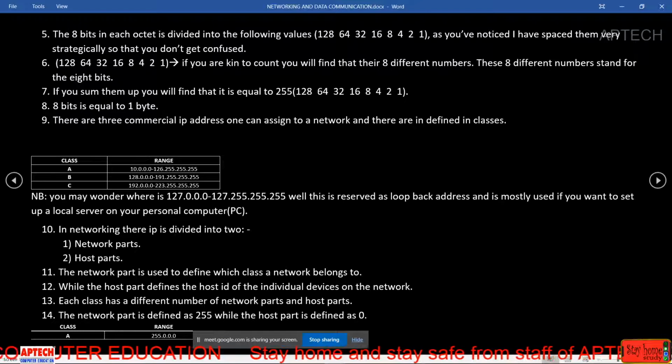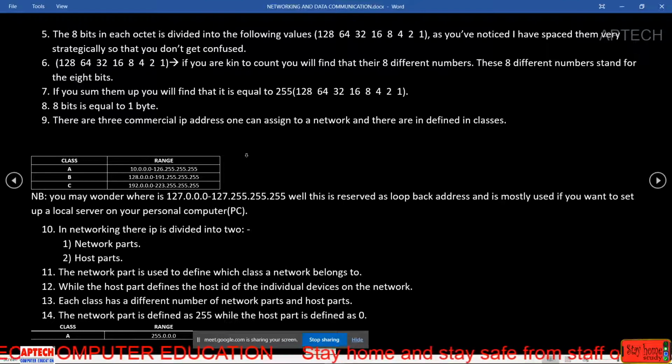Anyway, so 8 bits. In these 8 bits, there are 8 values. The first one is 128, followed by 64, 32, 16, 8, 4, 2, 1. So in each octet there are 8 bits, and these have 8 values.